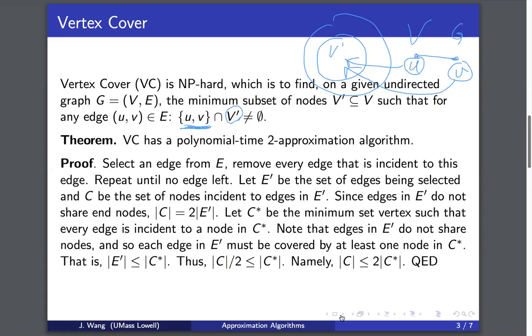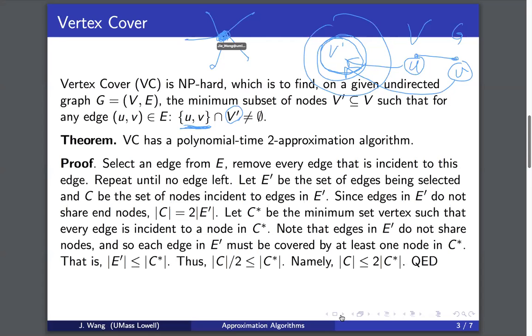Which means either U is in it or V is in it or both are in it. So what we are interested in here is to find a minimum node cover or minimum vertex cover. So what would be the smallest V prime that covers all the edges? For instance, if you have a star network, the minimum vertex cover is just one. I just use the center point.